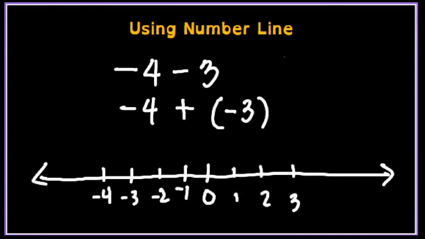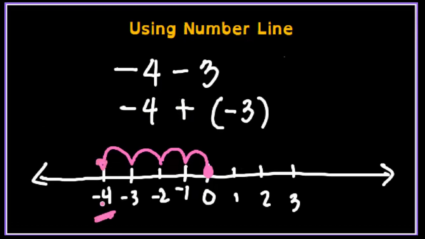Okay, let's start with the first integer, which is negative 4. Dahil yan ay negative, mag-move tayo ng 4 na beses papunta sa left side. So, meron tayong starting point na 0. Bilang tayo ng 4. 1, 2, negative 3, negative 4. Okay, that is the first integer. So, ang stopping place natin ay negative 4.